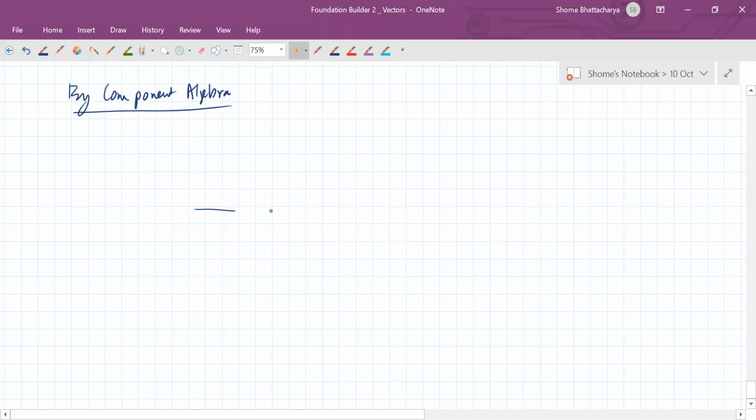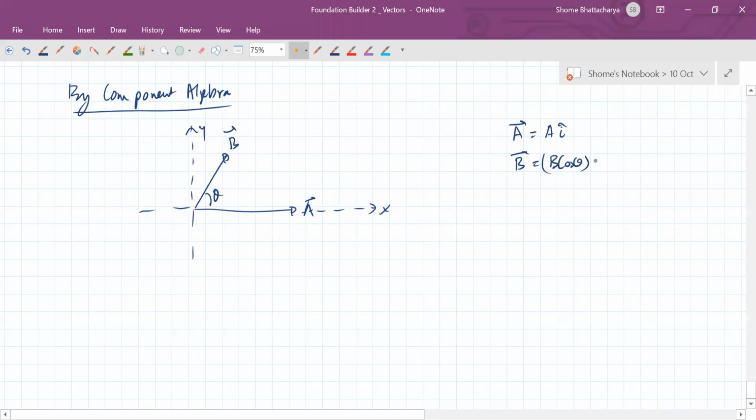So suppose this is my vector A, this is my vector B, and this angle is theta. So take this as your x-axis and take this as your y-axis. So the vector A is having only x component, whereas the vector B is having an x component of this much and a y component of this much.